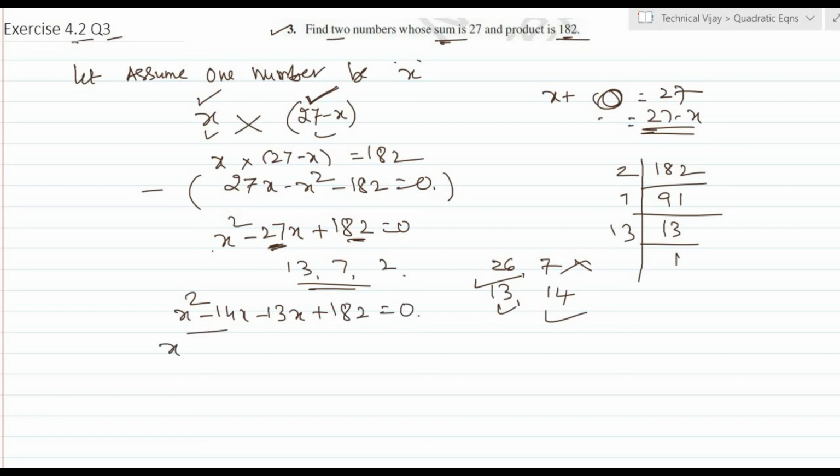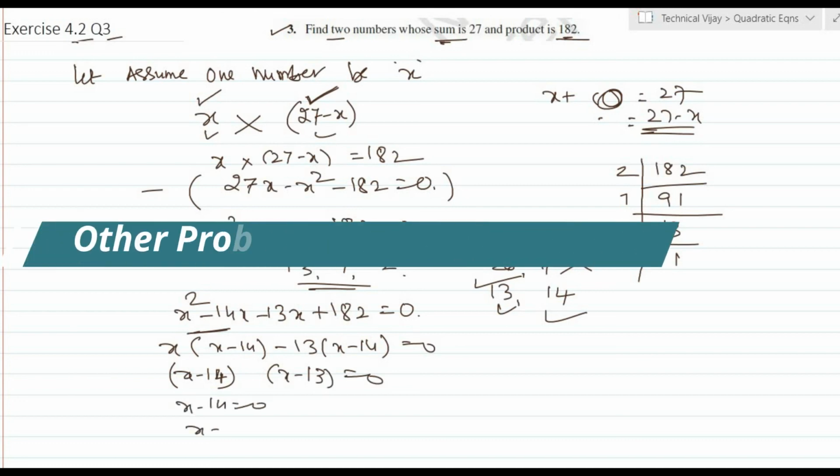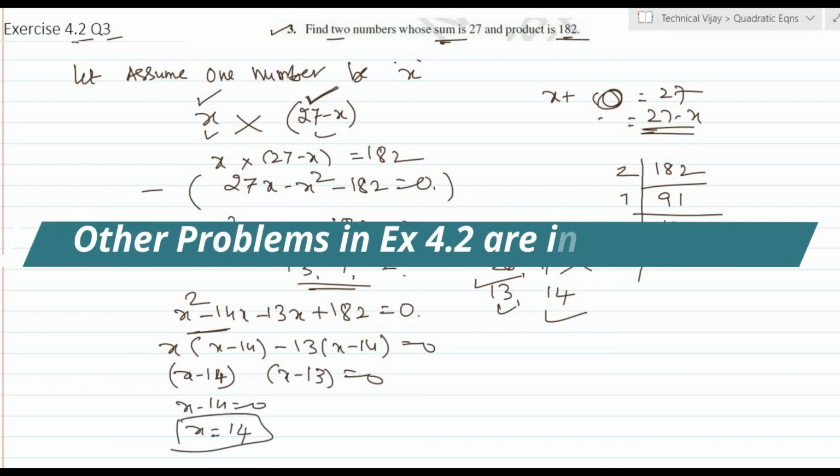In these terms, x into (x minus 14) minus 13 into (x minus 14) equal to 0. So x minus 14 and x minus 13 are the factors. x minus 14 equal to 0 gives x is equal to 14, and x minus 13 equal to 0 gives x is equal to 13.